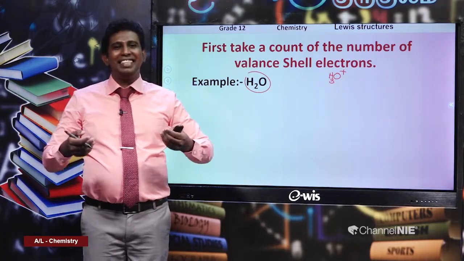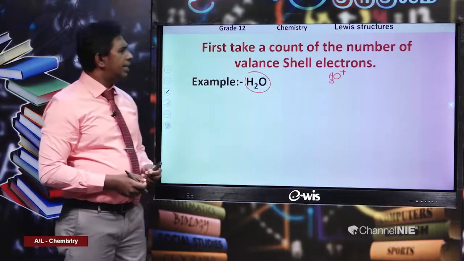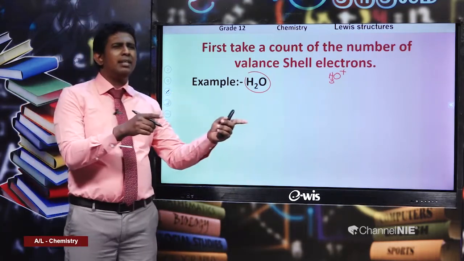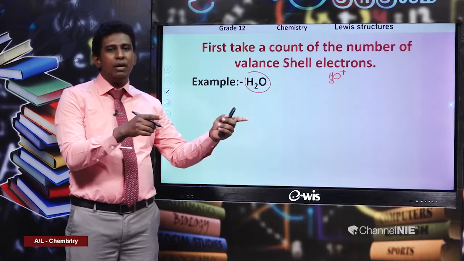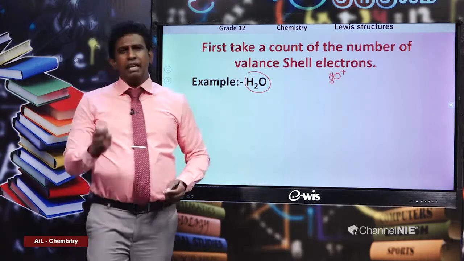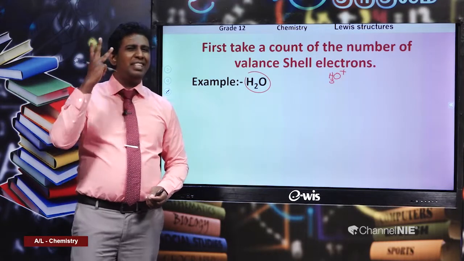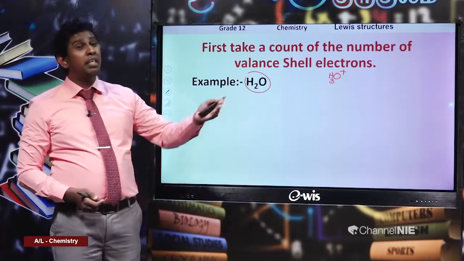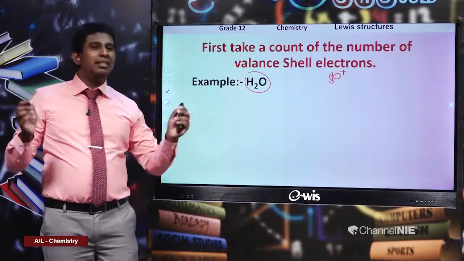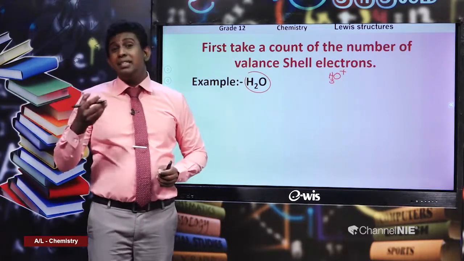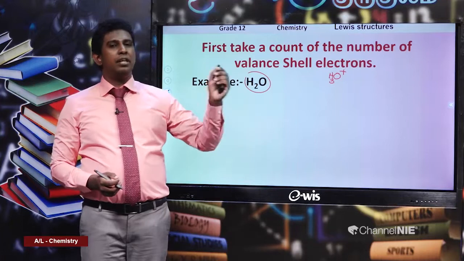Then it's 2 electrons. In your O level you learned it as the third group, but now it's the 13th group. If it's a 13th group element, students, it has 3 electrons. Boron, aluminium, gallium, indium, thallium are 13th group elements. They carry 3 electrons in their valence shells.